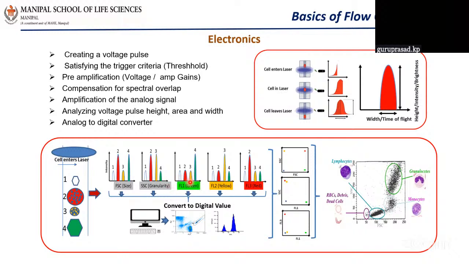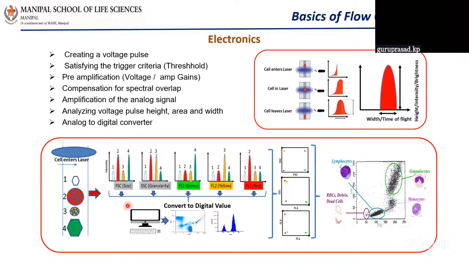The first, second and third cells are not producing green color, so they produce a very low intensity of light, whereas the intensity of light is more in the fourth cell with respect to green. Similarly, the intensity of yellow fluorescent light is more in the FL2 channel, the second detector, and in the third detector red color is more, that is the second cell.